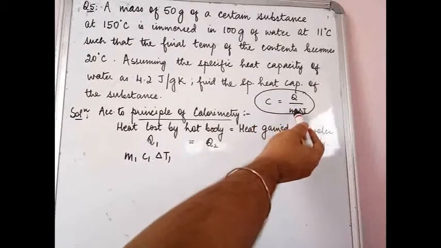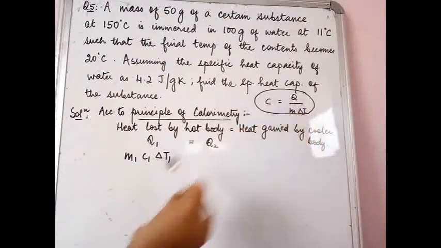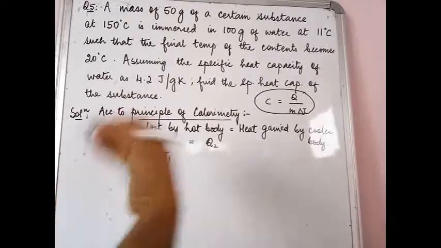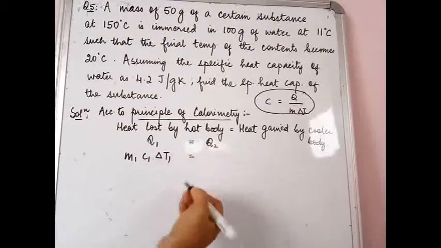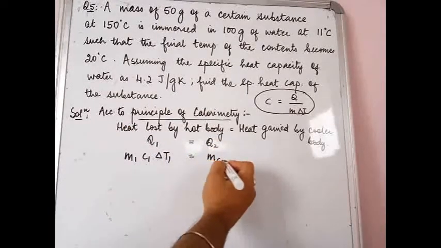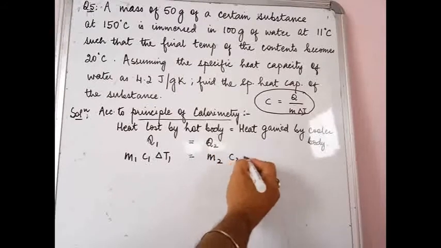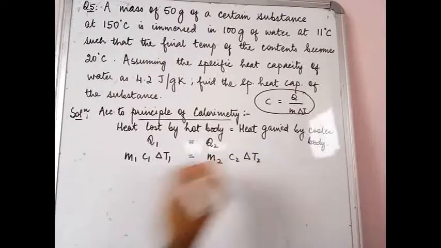From this same formula, m delta T comes to this side, so you have Q is equal to m c delta T. The reason I'm writing 1 as suffix is because the right hand side will also involve heat. So here I will write m2 c2 delta T2.